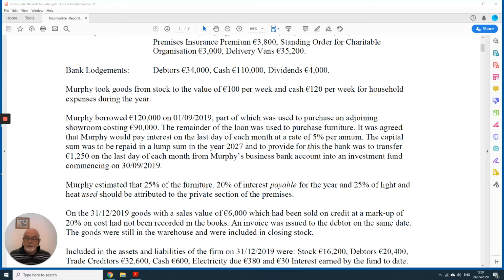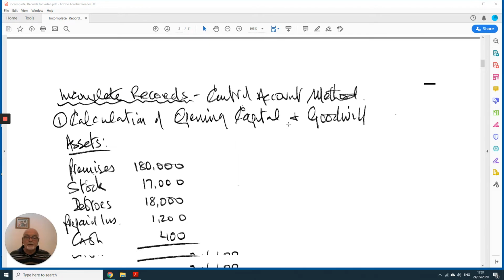The reference to transferring €1,250 every month into an investment fund involves the bank account and isn't directly involved in this loan calculation here. So let's go down and have a look at the treatment of the loan.